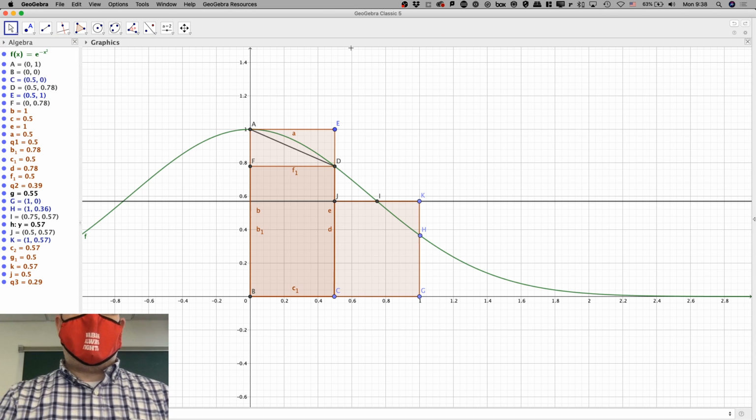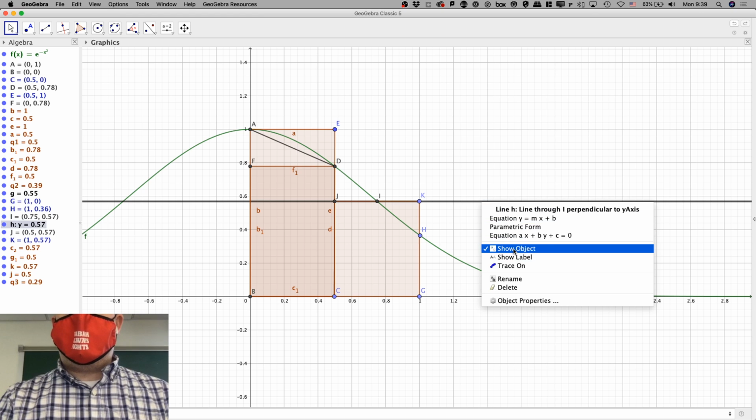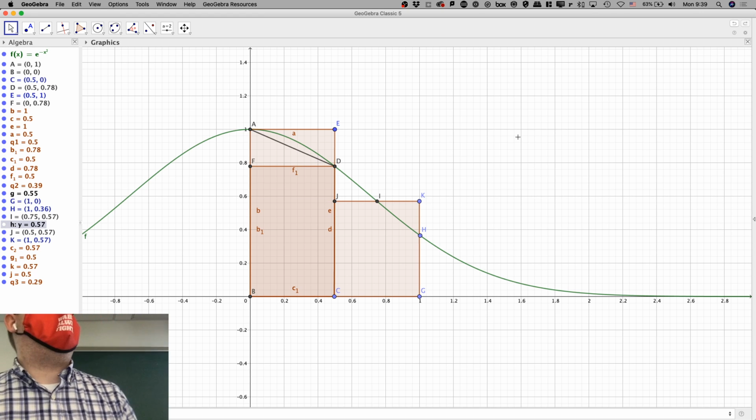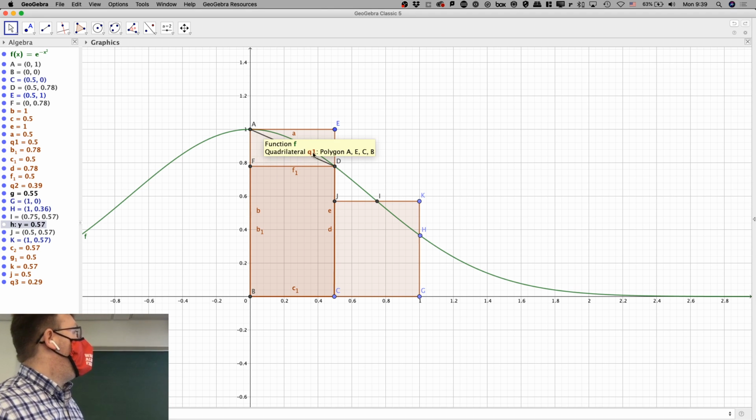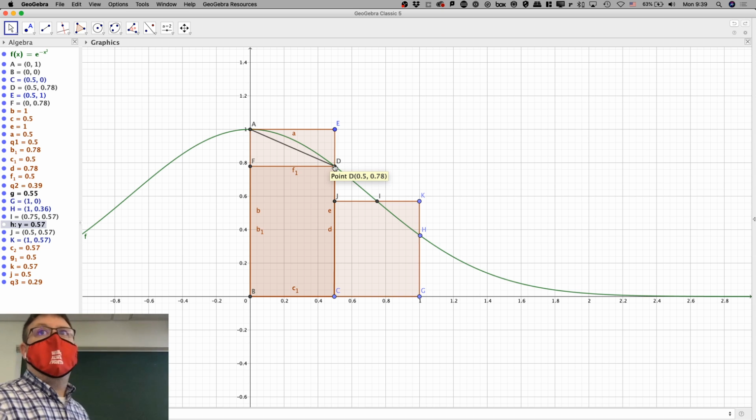Okay, so for the next rectangle, this would be averaging a different kind of way. So I could say, all right, I used left-handed rectangles or right-handed rectangles. What about if I split the difference and made the height depend on the middle of the rectangle, not the left or the right-hand edge?